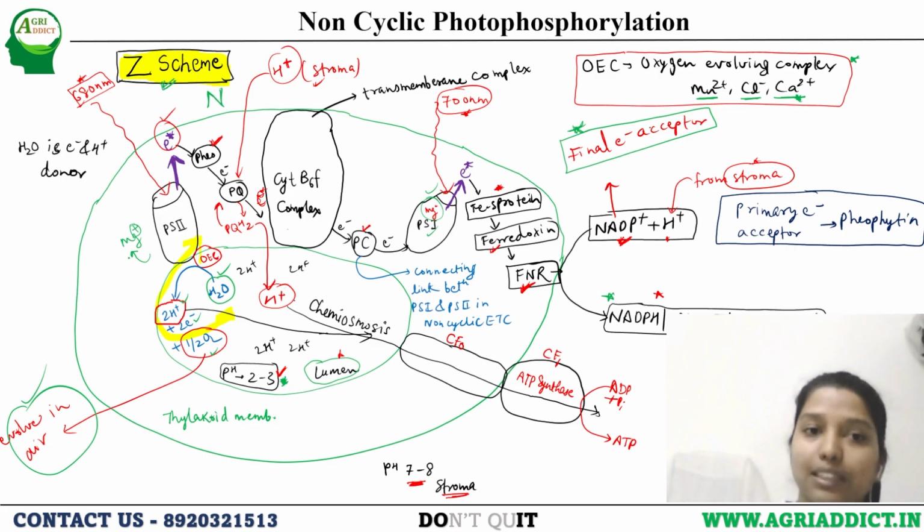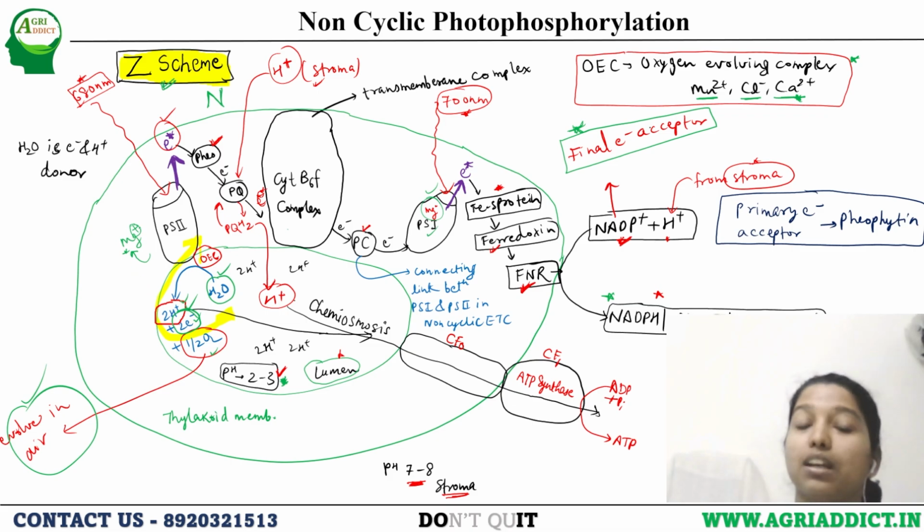Now the requirement of this magnesium for electron will be fulfilled by these 2 electrons. Each H2O molecule, when it is broken up, releases 2 electrons, so it is fulfilling the requirement of magnesium. Say this energy is falling, the electron went out. Now this electron will get replenished.